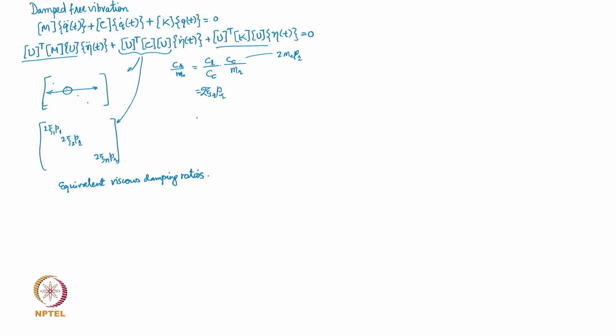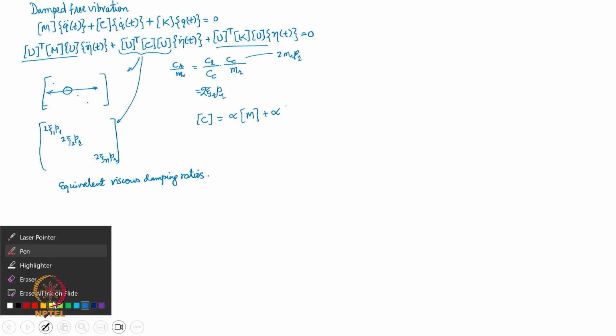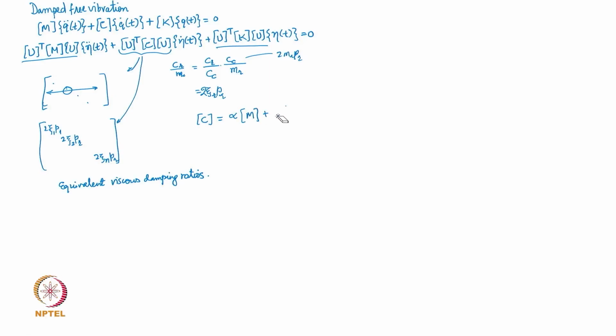The other way to write this damping matrix is to say that it is a linear combination of mass and stiffness matrix, and that is again more of a mathematical way of getting a decoupled set of equations.